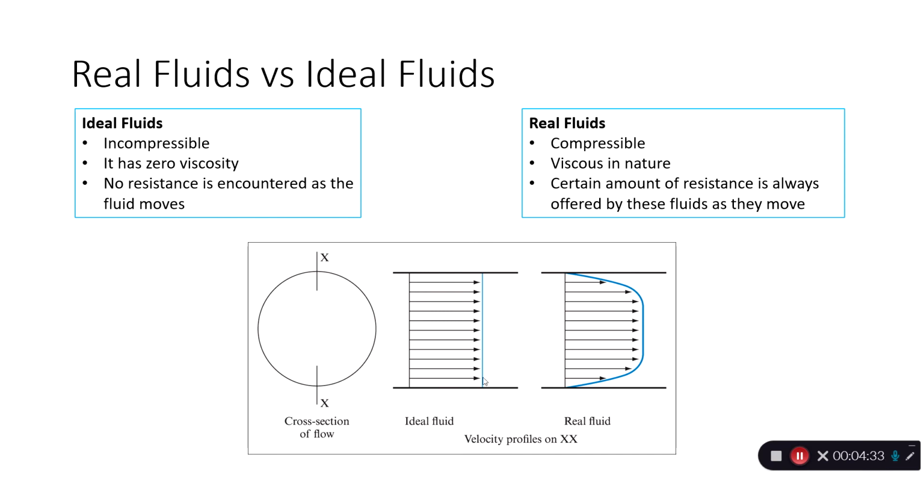Alright, but in the actual case, in the real fluid, this is the velocity profile. This means that the velocity is high at this area, see the longer arrows or the vectors, and it is reducing and reaches 0 at the wall of the pipe. Okay, this is the real case, but in an idealized fluid, we always take this as an example.